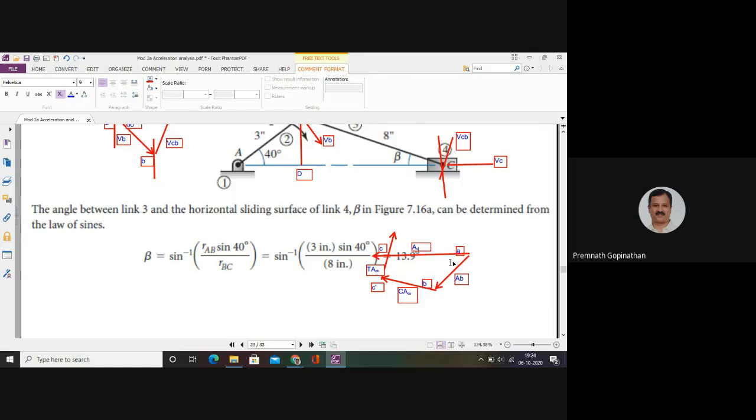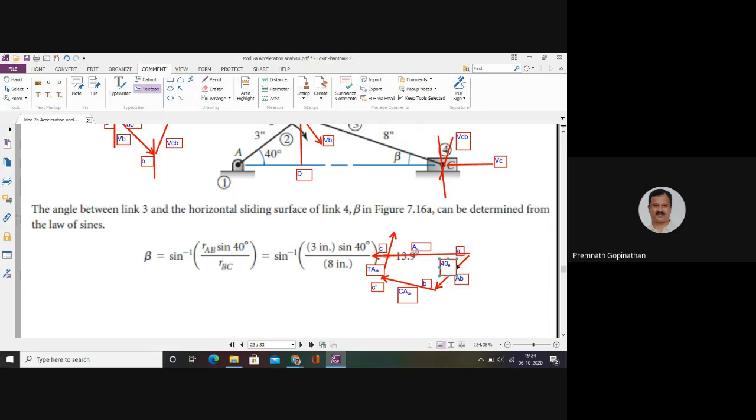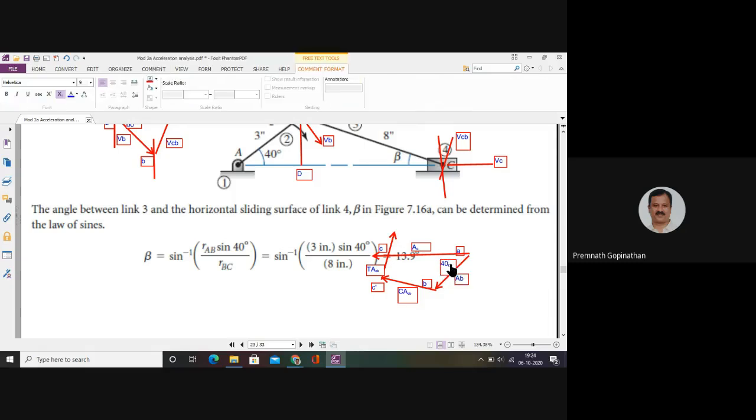So the corner angle at A I can indicate as 40 degrees. So that is 40 degrees at corner A.